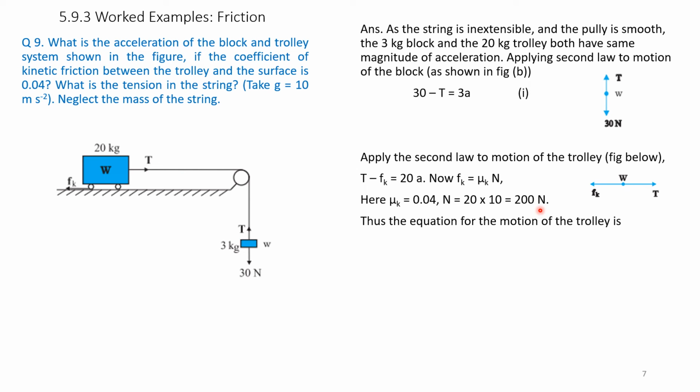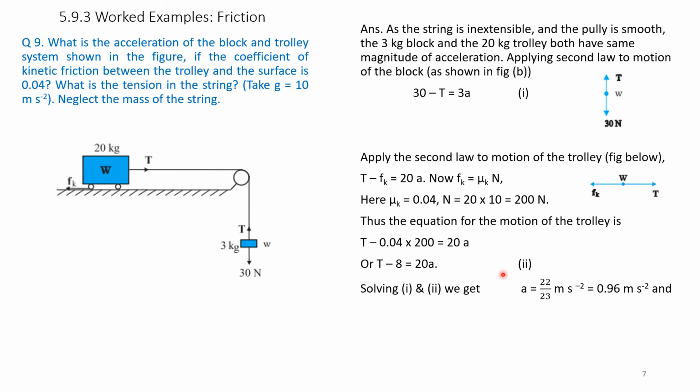Thus the equation of motion of the trolley is T minus 0.04 into 200 is equal to 20A. Now we have to find the value of A. Simplifying, T minus 200 into 0.04, which is 8, so T minus 8 is equal to 20A. Let it be equation 2.